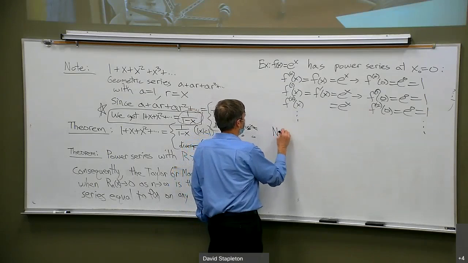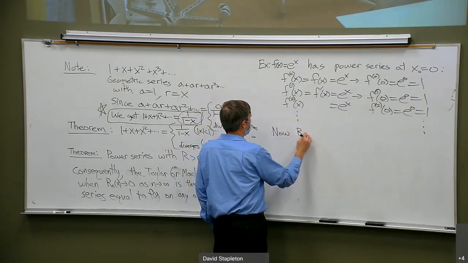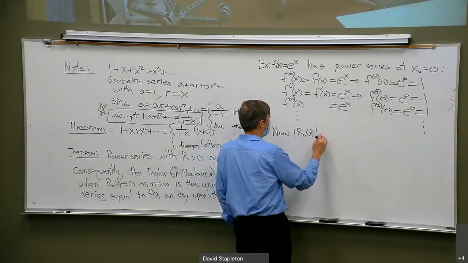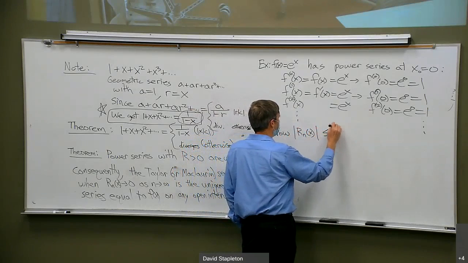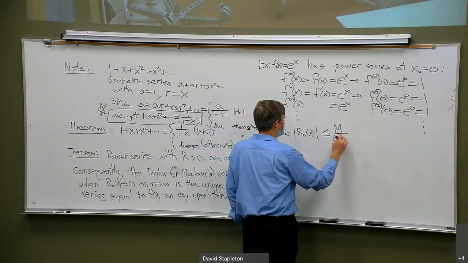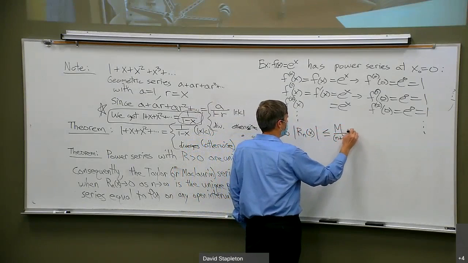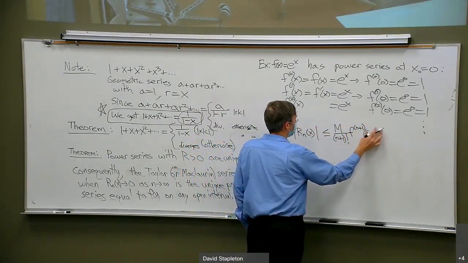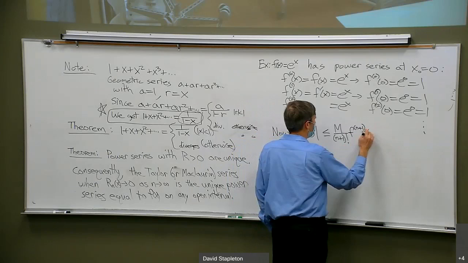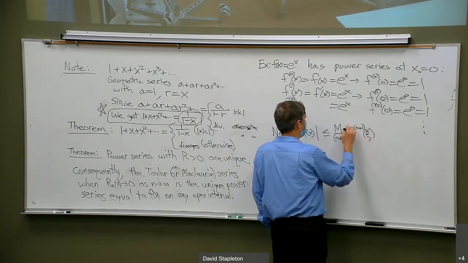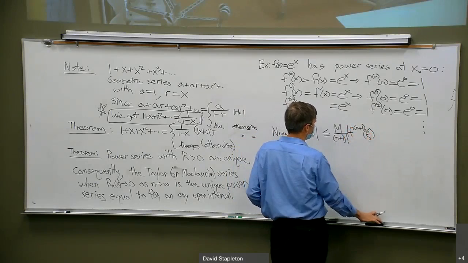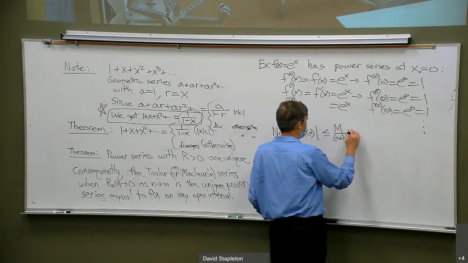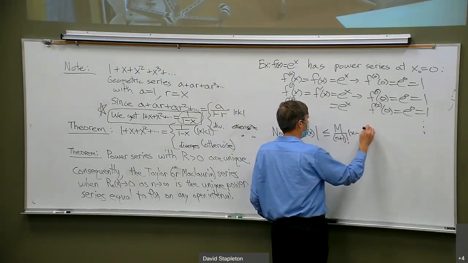Now we have that the remainder, by the remainder theorem, in absolute value, has to be less than or equal to M over n plus 1 factorial, times the n plus 1 derivative at some intermediate point c of the interval you're looking at, times x minus 0 to the n plus 1.